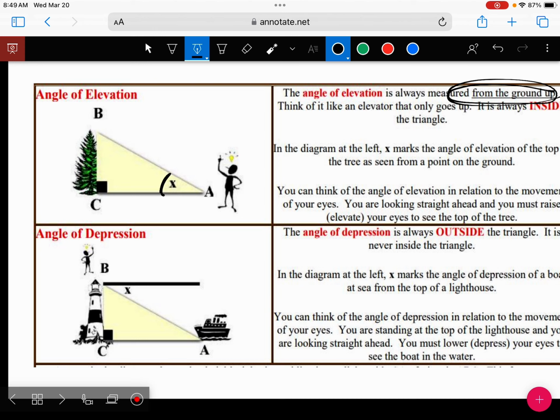The angle of depression is on the outside of the triangle. It's never inside the triangle. And I always just remember to draw my triangle upside down. So whenever it says find the angle of depression, I always create a triangle that looks like this. And I know that I'm looking for the angle right here.